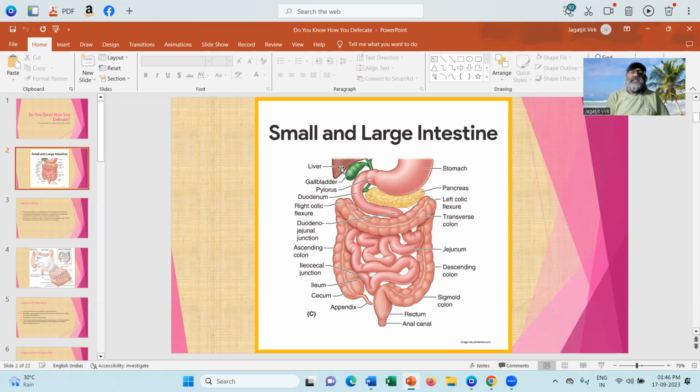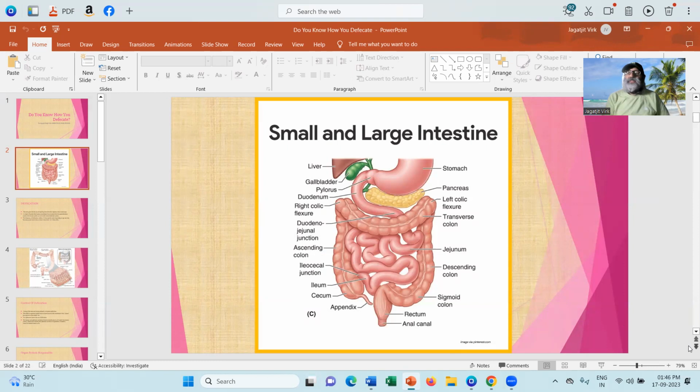This is the liver, and this is almost the whole of the gastrointestinal tract, affecting our food for its absorption, for its assimilation, and sending waste products to the outside world.